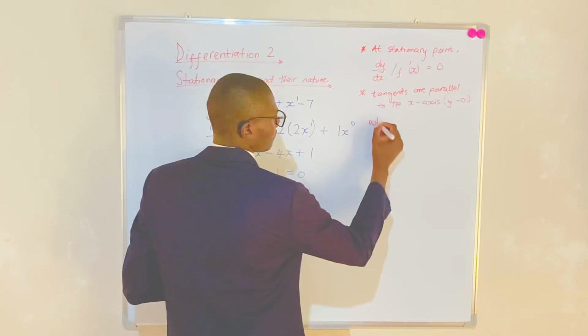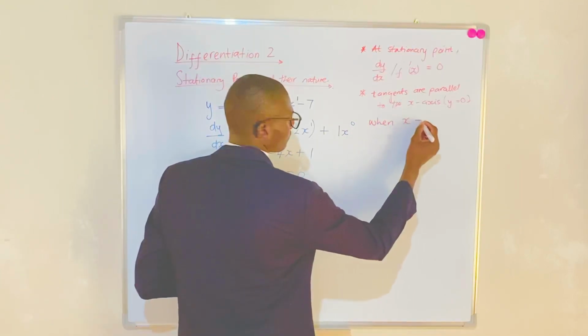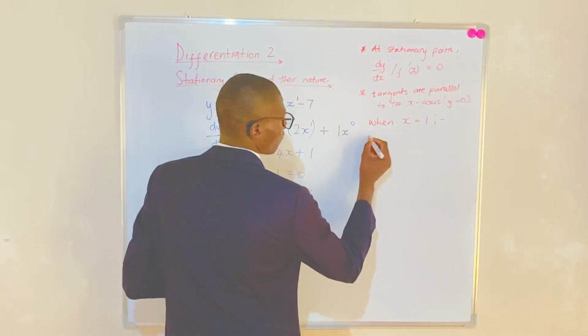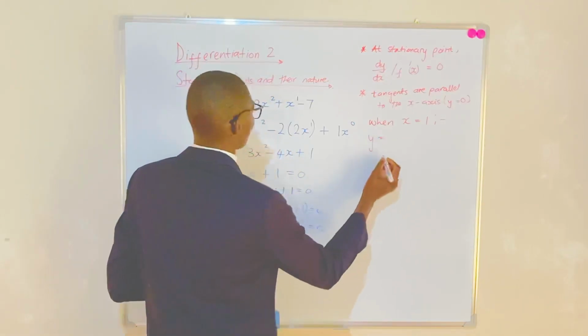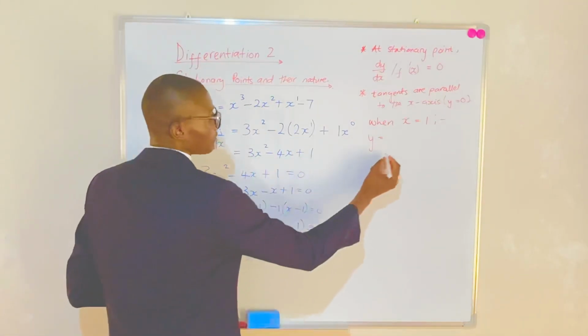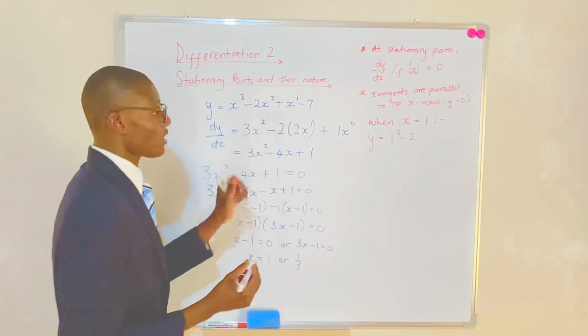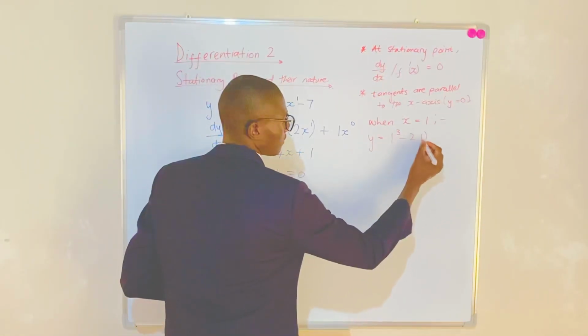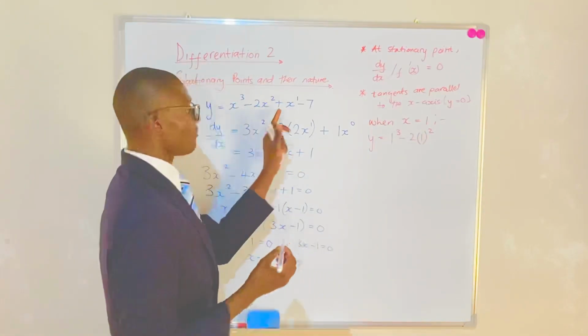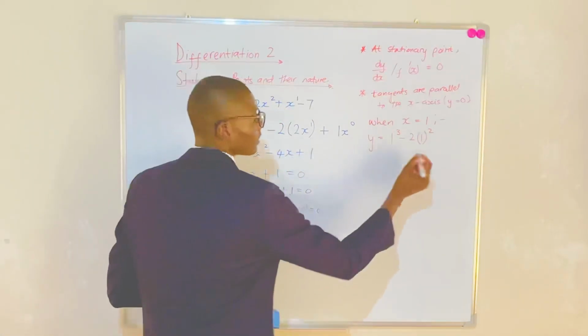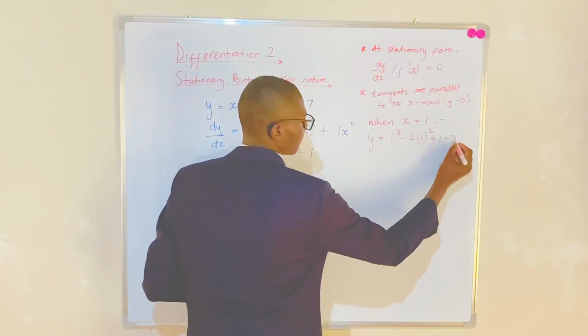So now when x is 1, we've got y being equal to 1 to the power of 3 minus 2 times 1 squared, then plus 1 minus 7.